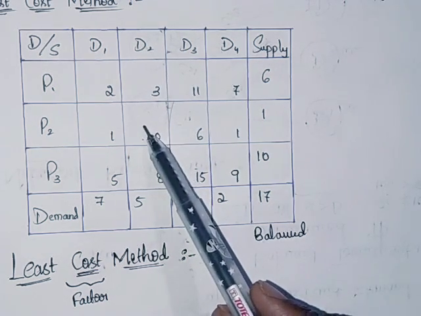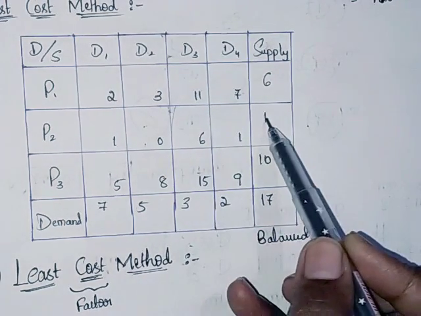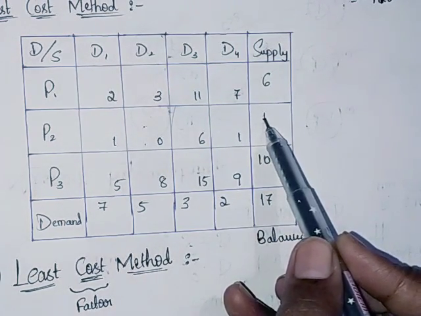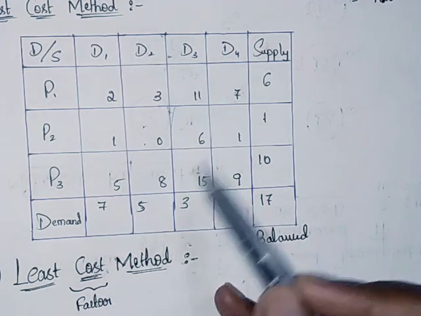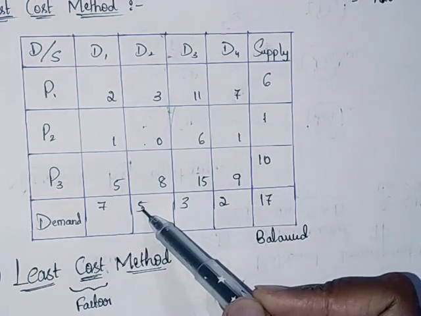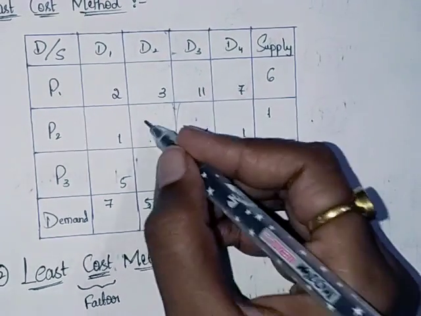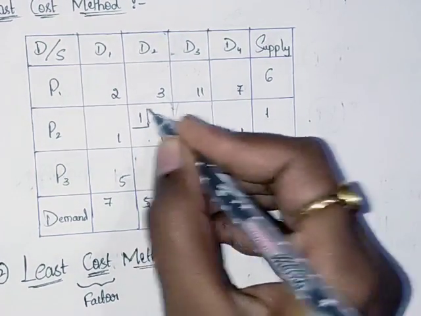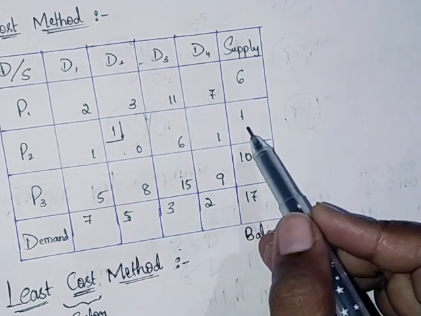Here the supply capacity is 1 unit and the demand requirement is 5 units. Supply is less than demand, so I can supply only 1 unit. I cannot supply more than 1 unit because there is only 1 unit of supply.